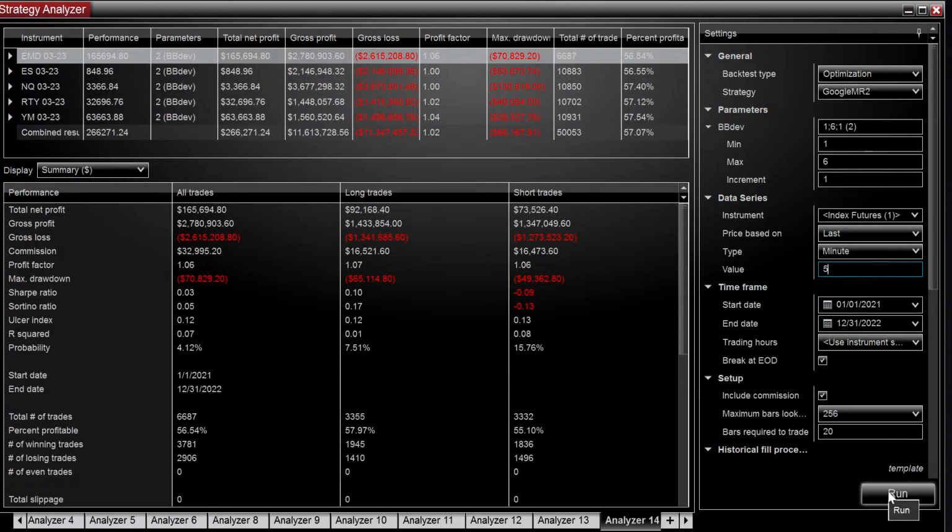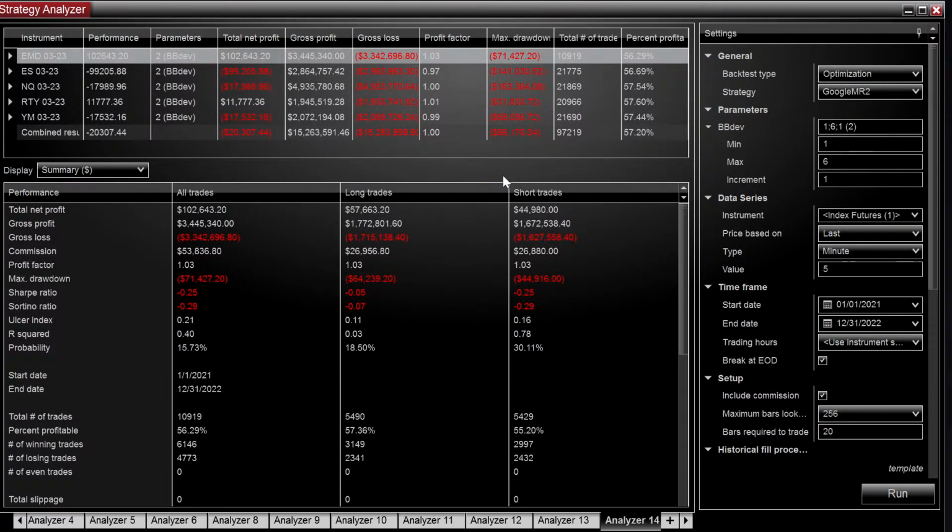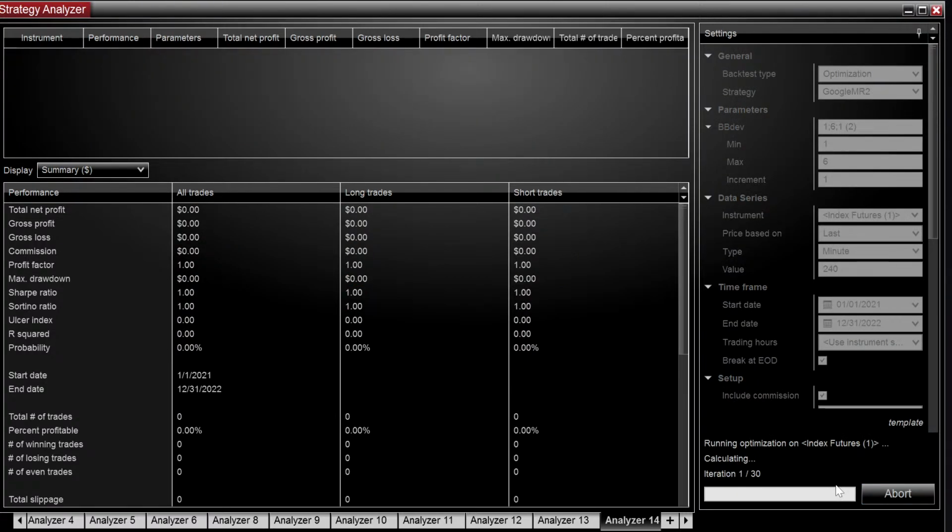And let's test a 5 minutes, probably going to be as low as we go, and we will do something else. Okay, so 4-hour chart, definitely doing the best for us.